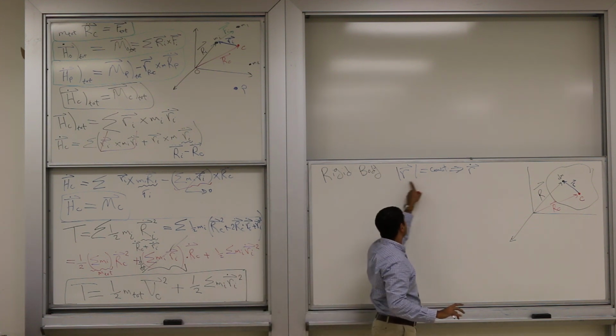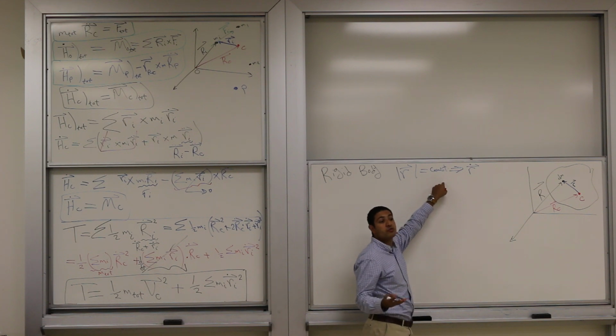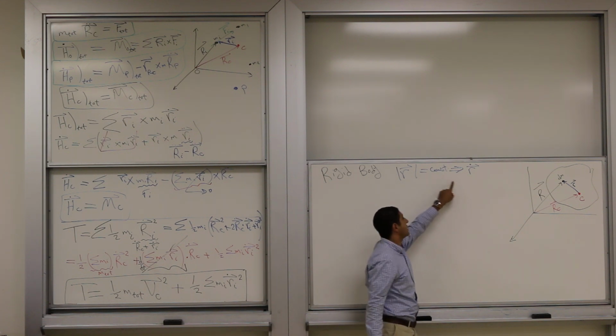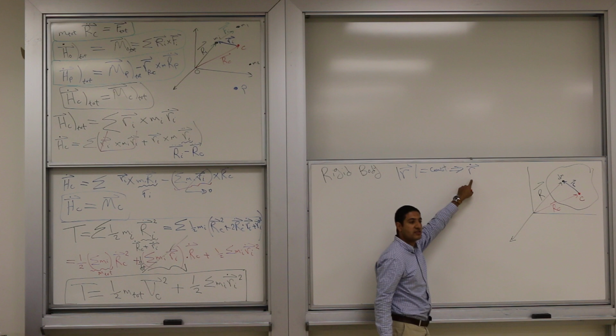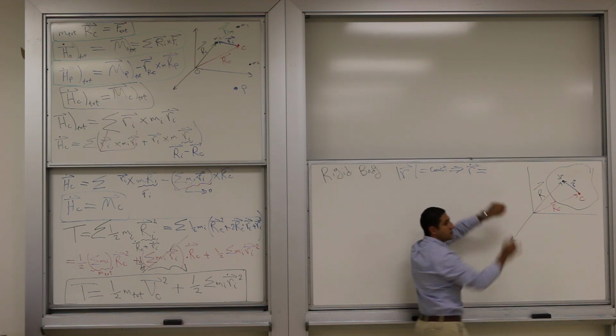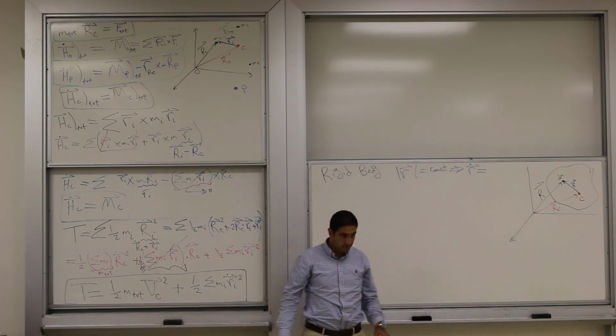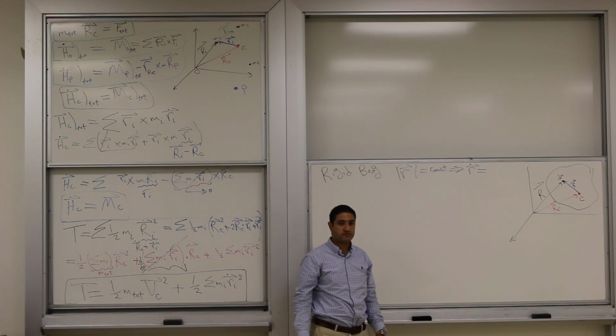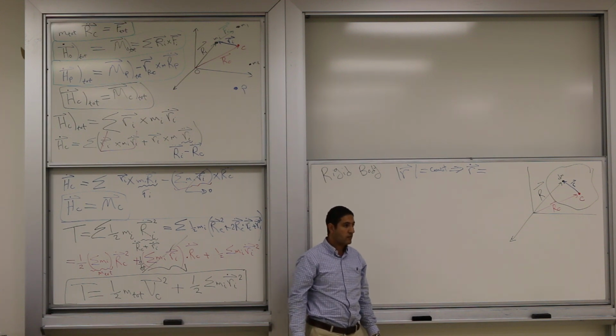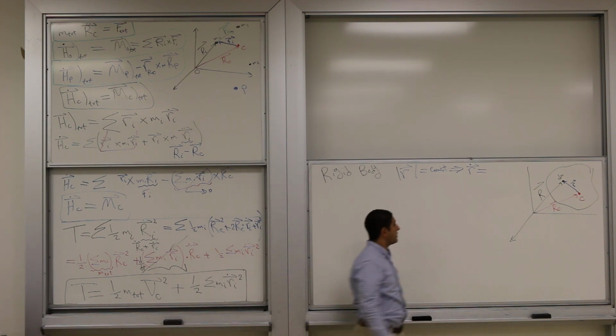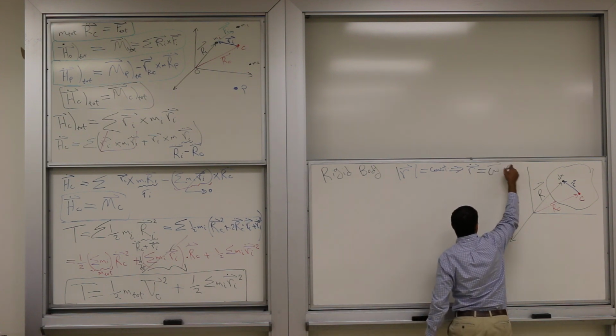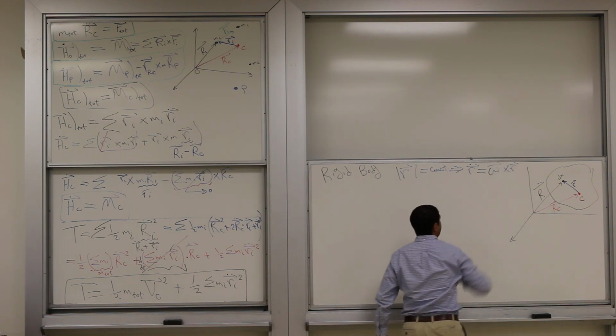This vector is not changing its length, but maybe rotating. So I cannot say that the total rate of change is 0, but the total rate of change is what? Angular. It's the omega cross r. It's totally due to omega, right?